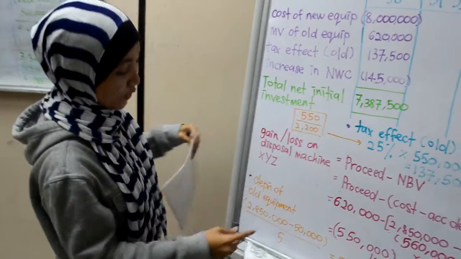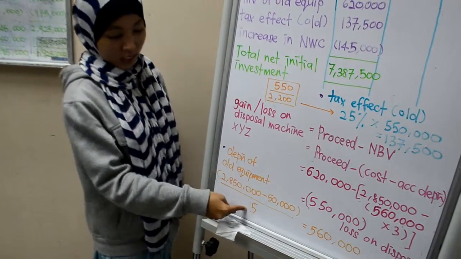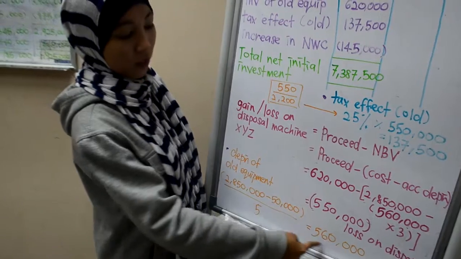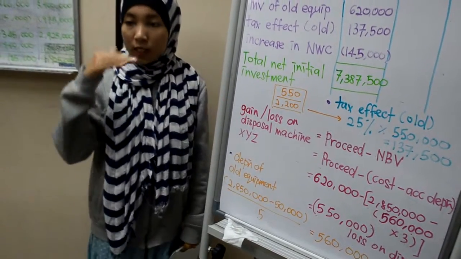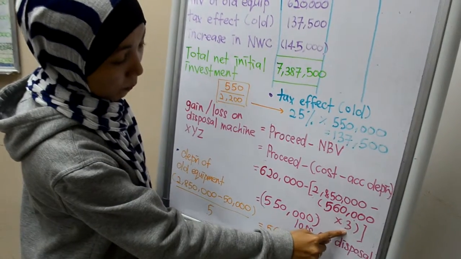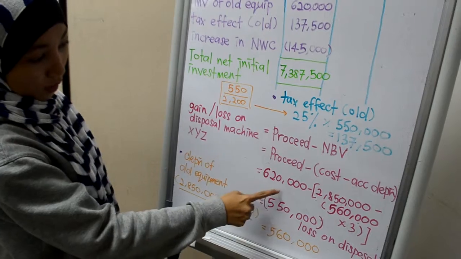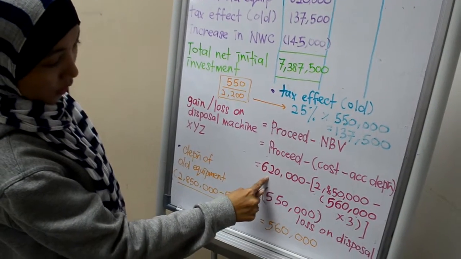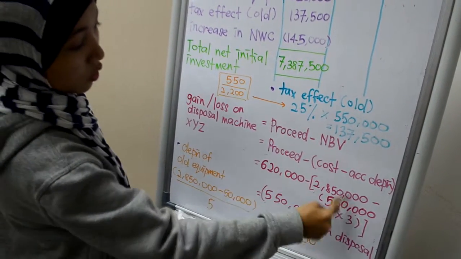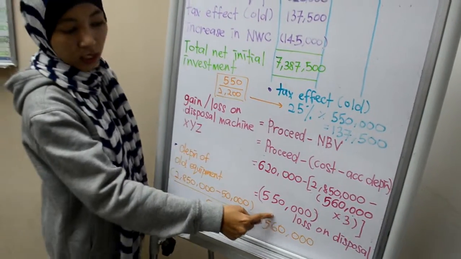The salvage value is 50,000, and then you divide by the useful life. So this is how, meaning this 560,000 is the depreciation per year. Okay, then you times by 3 to get the accumulated depreciation. So basically 620,000 minus cost minus accumulated depreciation, and then you get 550,000.